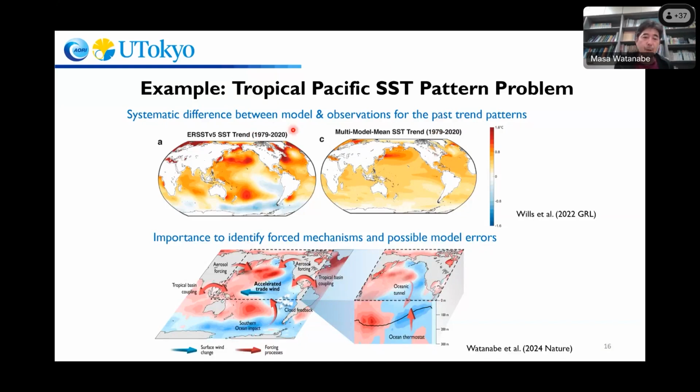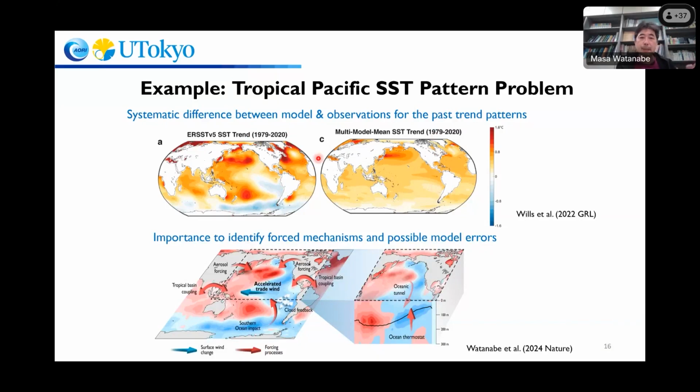Some of you may know that the observations on the top left show the cooling in the eastern subtropical Pacific, which hasn't been reproduced in most of the CMIP 6 historical simulations.